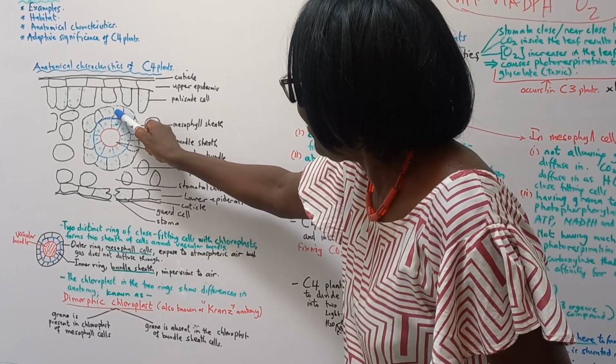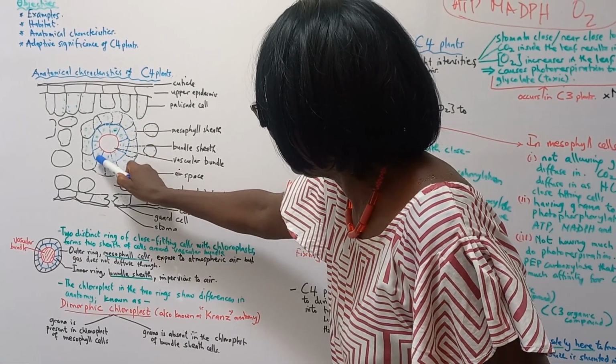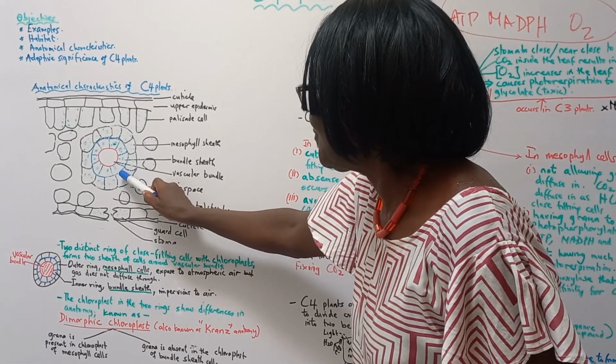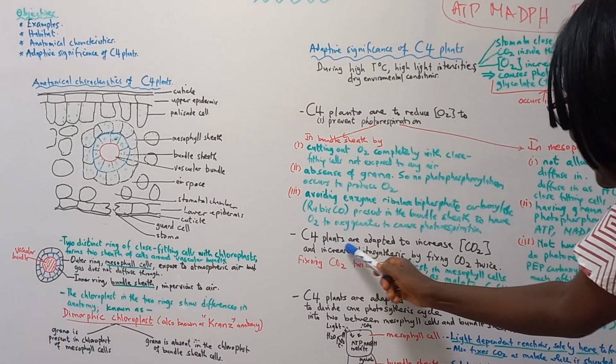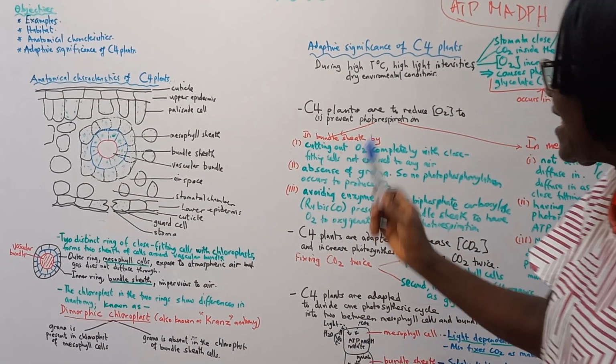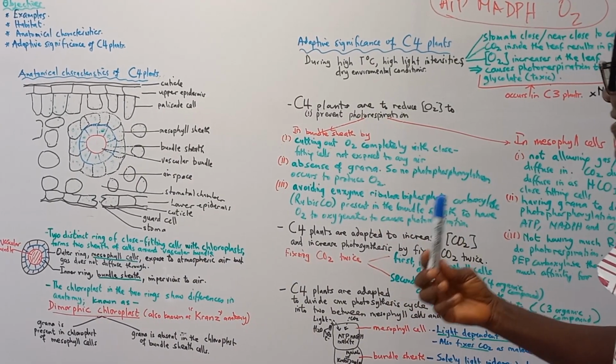And the C4 compound is pushed into the bundle sheath where C3 reactions go on to produce a lot of photosynthesis. So the plants are adapted to increase carbon dioxide for photosynthesis because the carbon dioxide is fixed twice.